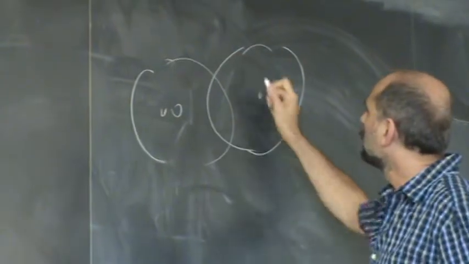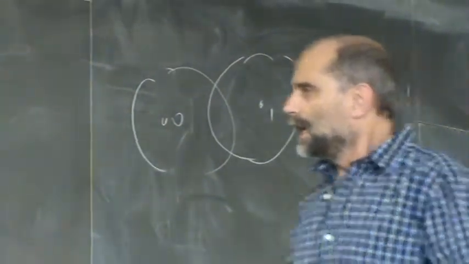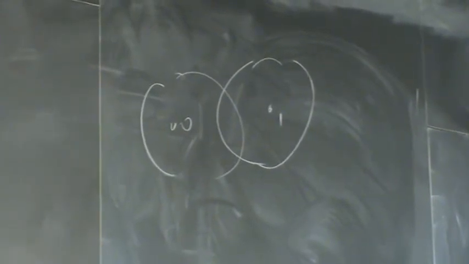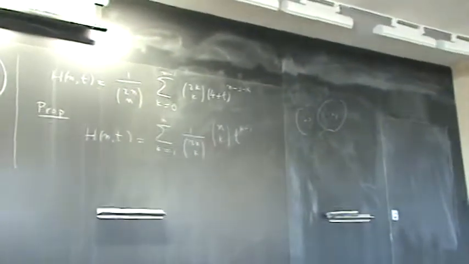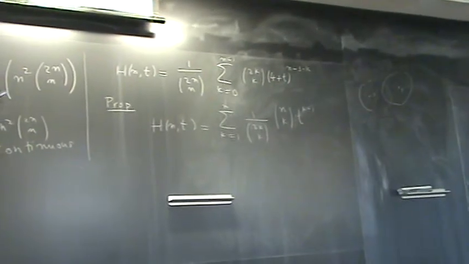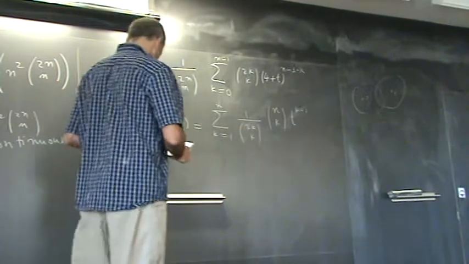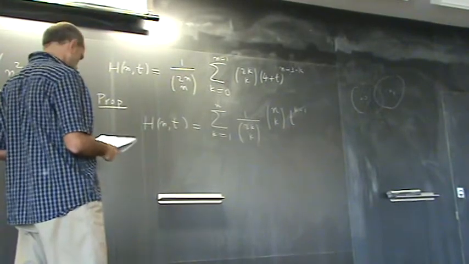So this is an expansion, so to speak, at one point, and this is at the other. At least this is a reflection of that fact, but somebody else can give an elementary proof.